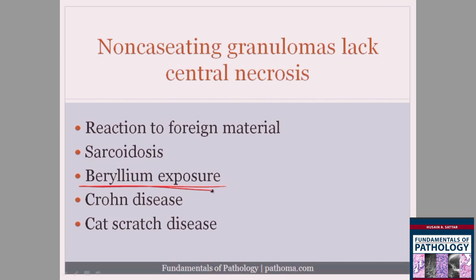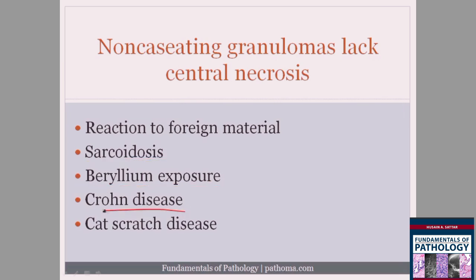Beryllium and sarcoidosis can create a very similar clinical picture, especially on exams. I will talk about them in much more detail when we do the lung section, but it is a classic exam question that we'll discuss when we get there.